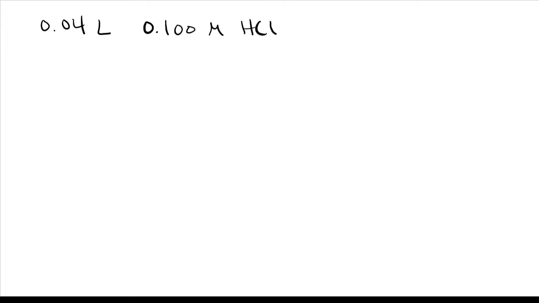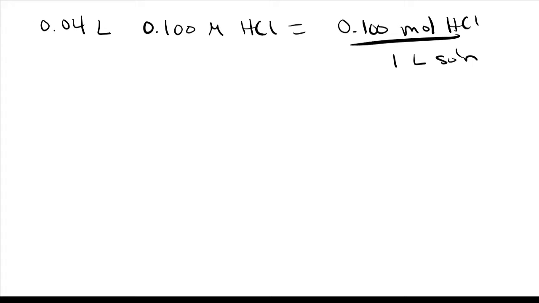Remember that molar solution means moles per liter. So you're going to have 0.100 moles of that per 1 liter of solution. Okay? So essentially what you want to do is find out how many moles of HCl you have. So we're going to do this.